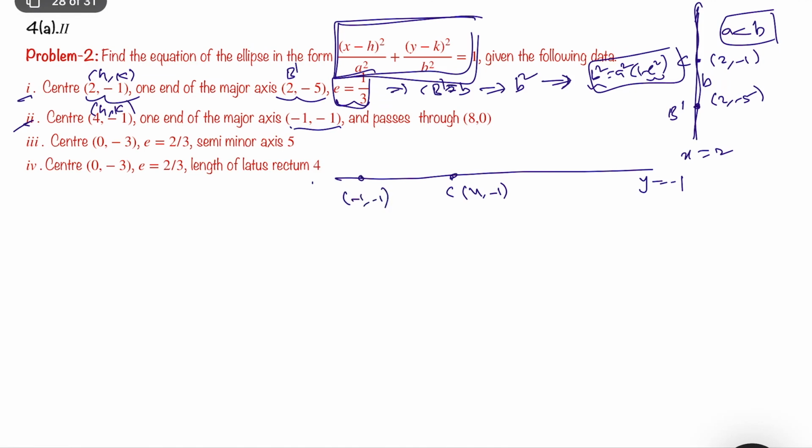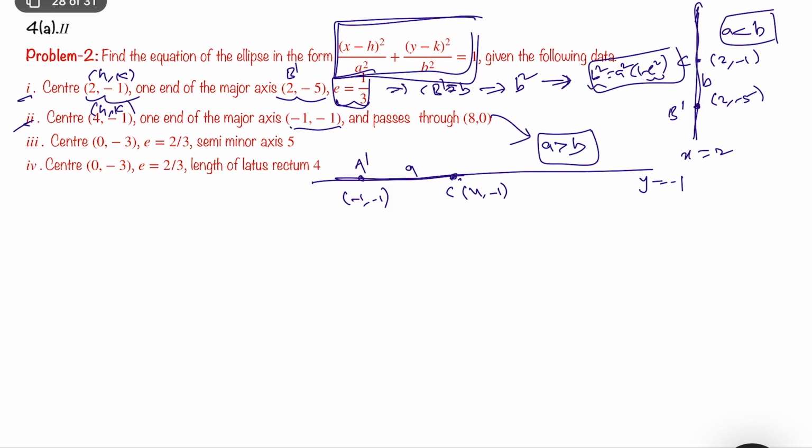If this is C, you should treat this one like A dash, because here the major axis is parallel to the x axis, so it's going to be a short and fat ellipse. You have to take the distance from C to A dash as a. This is going to be an a greater than b case. In the second problem you will get an ellipse equation with a greater than b.